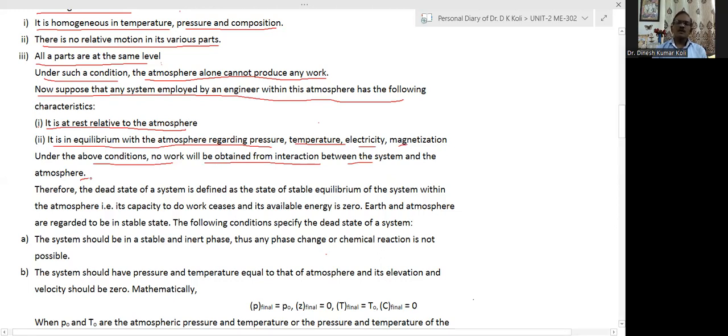Dead state means when its capability to produce work ceases, so it is called a dead state. It can produce no work at all if any system is employed within the atmosphere.